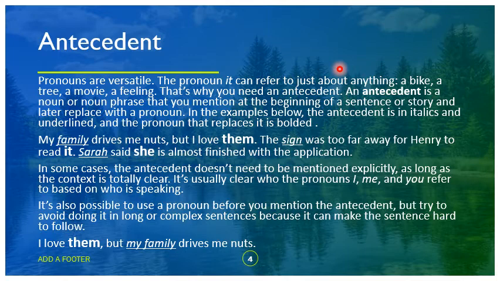Now, put in simple words, an antecedent is the first noun that has a reference later in the shape of the pronoun.